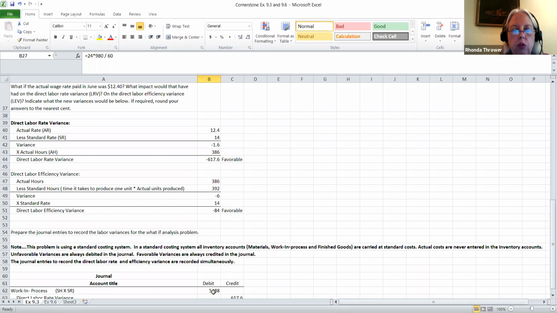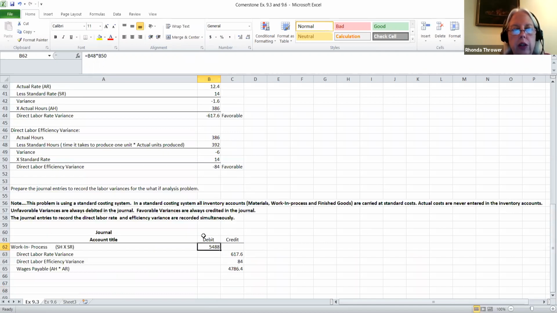So the standard hours of 392 is going to be multiplied by the standard rate, which was $14. And that will give you a total of $5,488. That would be increasing the work in process because we are talking about our labor. Since both of our variances are favorable, what they did is they took the direct labor rate variance and credited it. Remember, favorable variances are always credited in the journal.